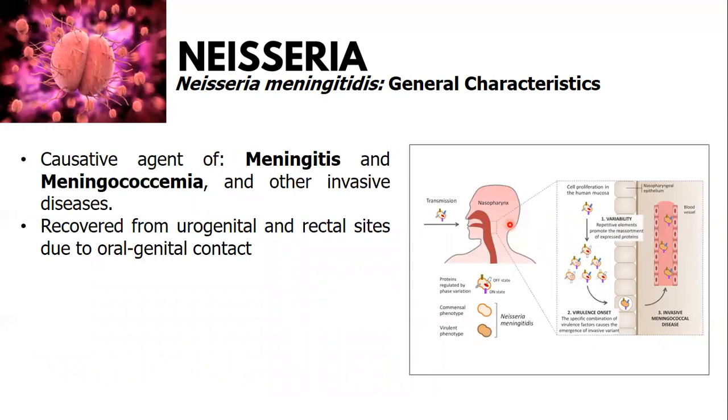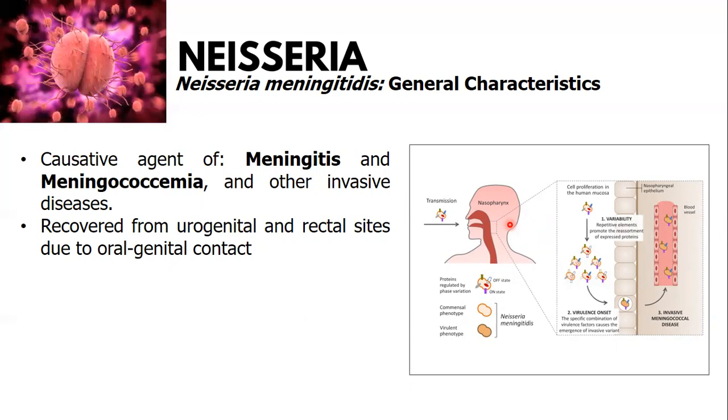The primary diseases that are caused by Neisseria meningitidis are meningitis and meningococcemia. When we say meningitis, it refers to the inflammation of the meninges of the brain and the fluid that surrounds the brain and the spinal cord. And meningococcemia refers to the presence of Neisseria meningitidis in the blood, resulting in septicemia.